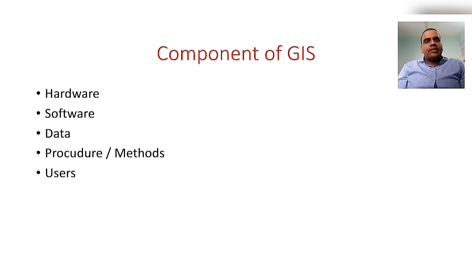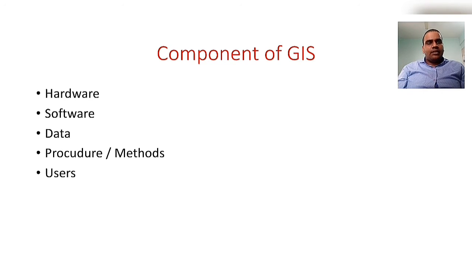So let us start with the first component, that is hardware. Hardware means, in a computer system, whatever is outside or what you can see, for example your keyboard, mouse, monitor screen, CPU, printer, plotter, digitizer, webcam.